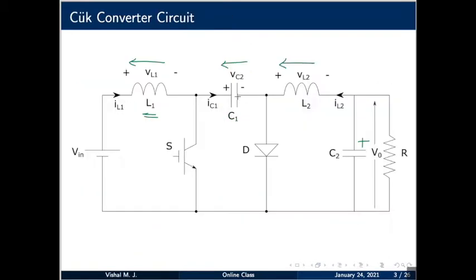That is, the average current through C1 will be 0. This is true even for C2, but we will use C1. If the circuit is operating in steady state, the net average current through C1 must be 0. Using that principle, we will derive the voltage gain of the Cuk converter.